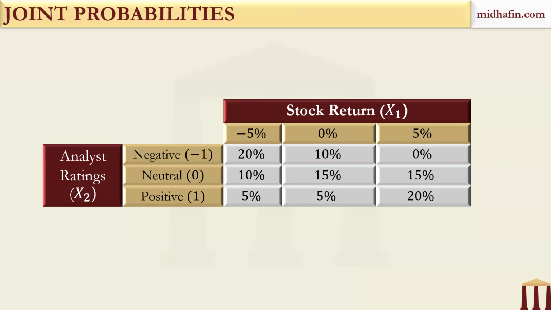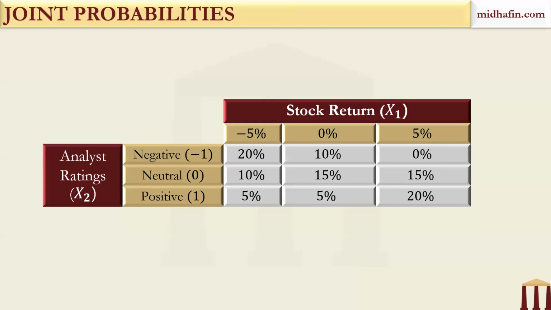For this particular example, we are not discussing independent or dependent events. That will be discussed later, not now. Right now we are seeing that these are two market variables. One is of course ratings, the other is return. So let's see what are the joint probabilities of stock return being something and analyst rating being something. Let's first analyze that and then we'll come to the conditional part and independence part later on.